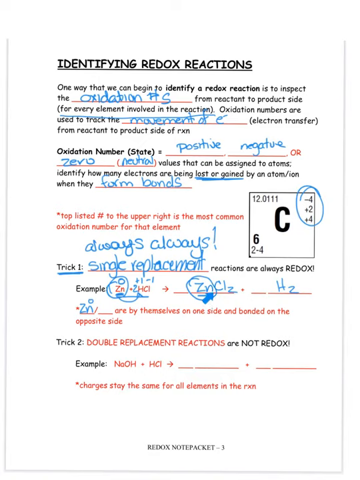And if you look here, hydrogen is by itself on one side, and not by itself on the other side. So let me write that in, that H2. These two are by themselves on one side, but they're bonded on the other side. Once you have something that's by itself on one side, but bonded on the other side, it is redox.